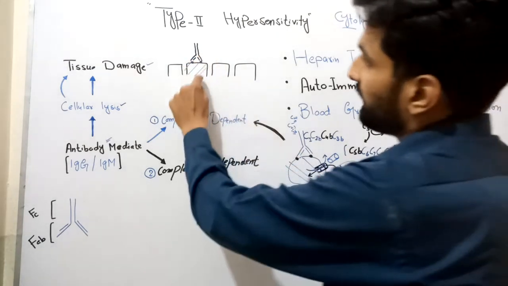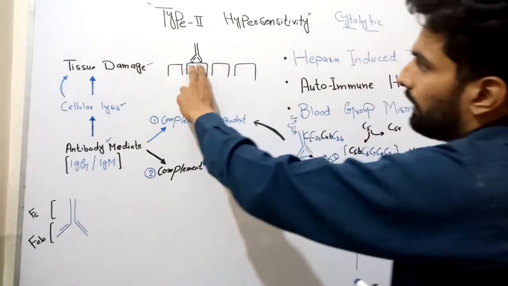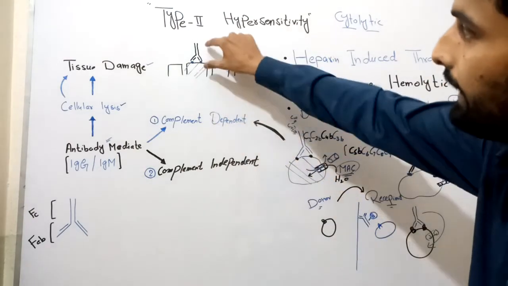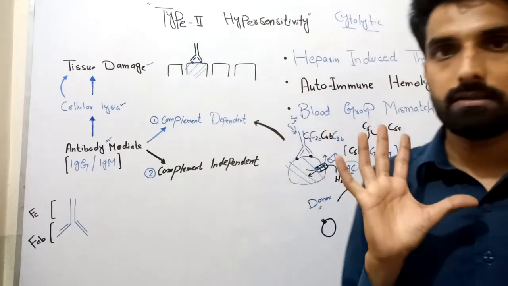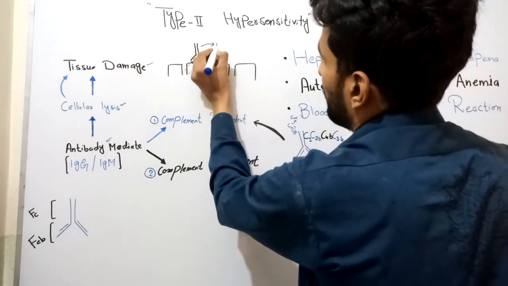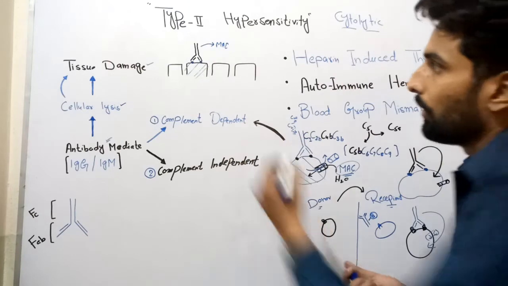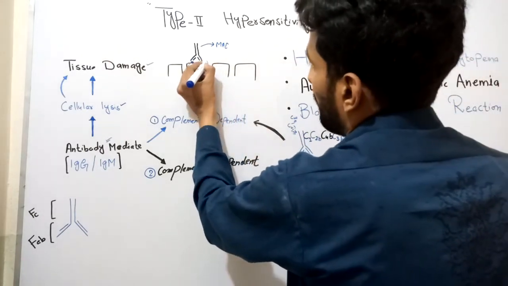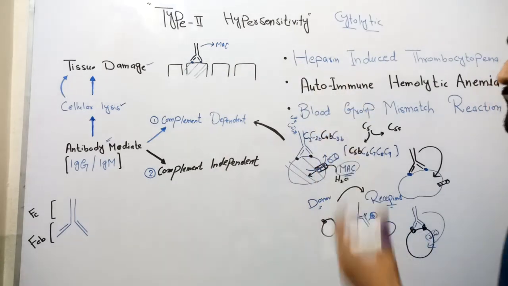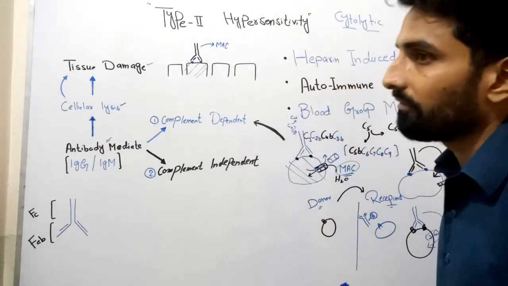For example, this is a nucleated cell, antigen has been attached on the surface of these cells, antibody has been formed, and antigen-antibody interaction has taken place. But MAC will not be formed. If MAC is not formed, obviously the cellular destruction that was taking place with the MAC will not take place.